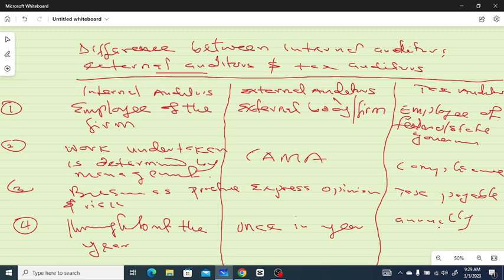Then number five, internal auditors are hired by the company. They are employees of the company. Under the statutory auditor or external auditor, they are appointed by the shareholders.